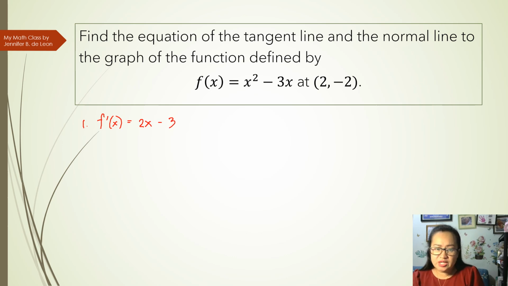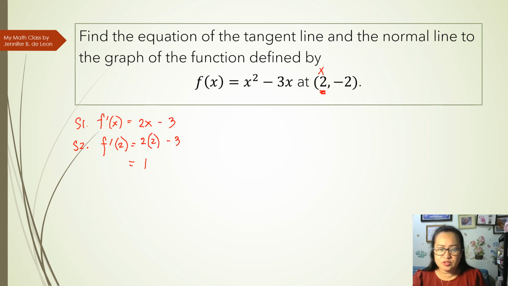Then step 2, we evaluate f prime of x at 2. Where did we get 2? This is the abscissa, which is equivalent to the x value of the ordered pair. So we will have 2 times 2 minus 3, therefore we will have 1.